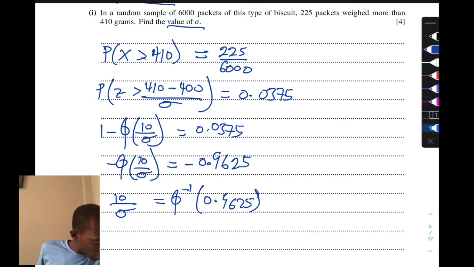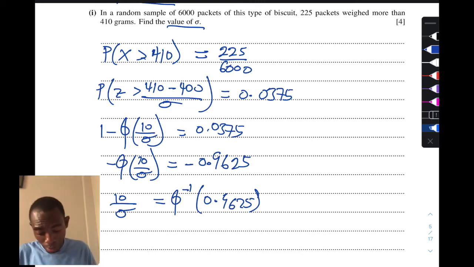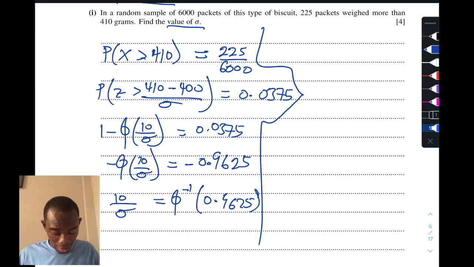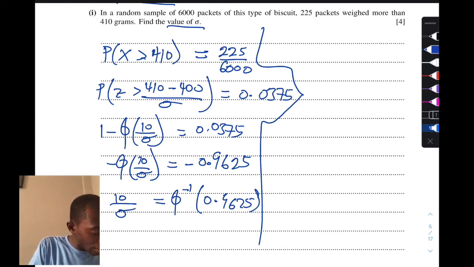Is that a critical value? No, it's not. So we have to go to the table and read it. We are looking for 0.9625. I've seen 0.9641, 0.9633. 0.9625 is actually in the table, and that's great.